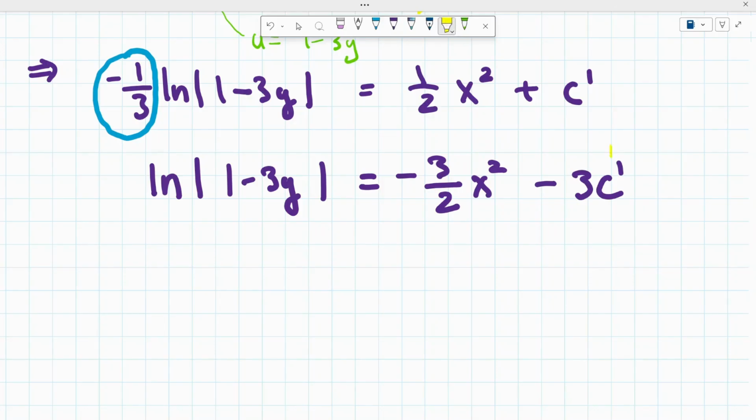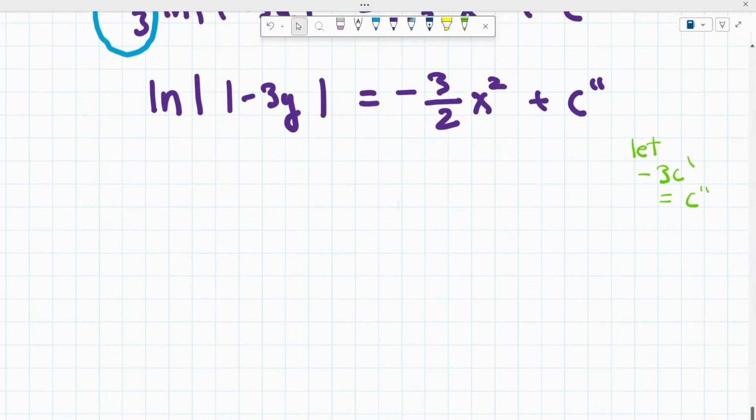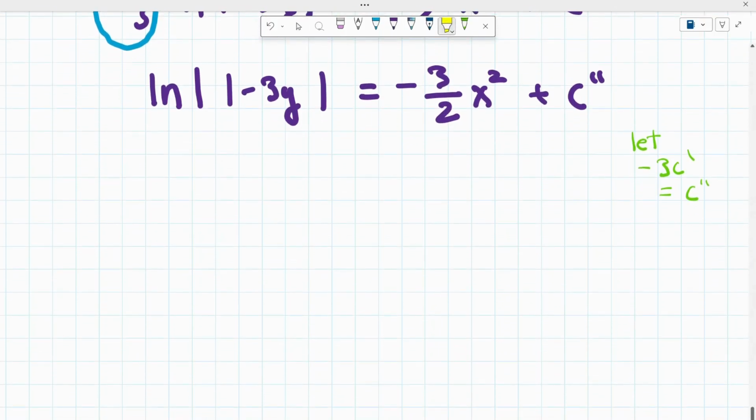Right away, because this is just a constant, we're going to say let negative 3c prime equal c double prime. That way it's a constant, it doesn't matter what it is, but this is just for simplicity's sake, plus c double prime.